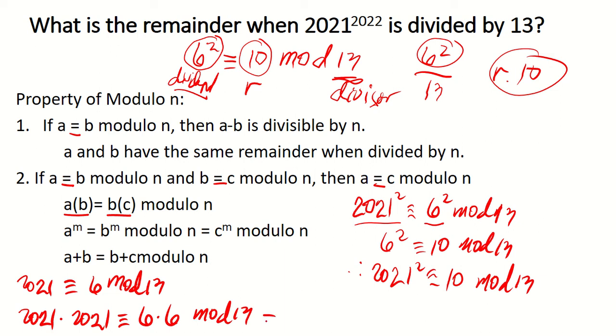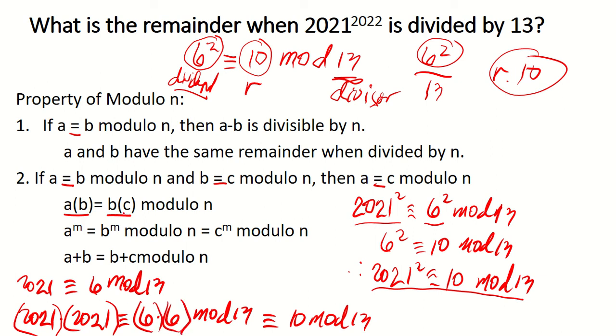And we know that 6 times 6 is congruent to 10 modulo 13. Therefore, we can say that 2021 squared is congruent to 10. So, lalabas pa rin ito. So, kung mag-multiply tayo both sides, we know that 2021 is congruent to 6. So, kung i-double natin ang 2021 dito, i-double din natin ang 6 dyan.